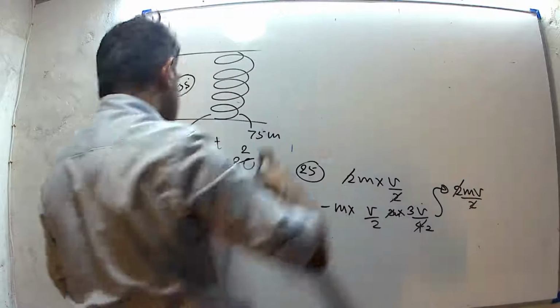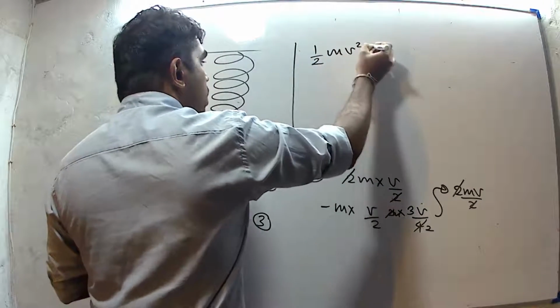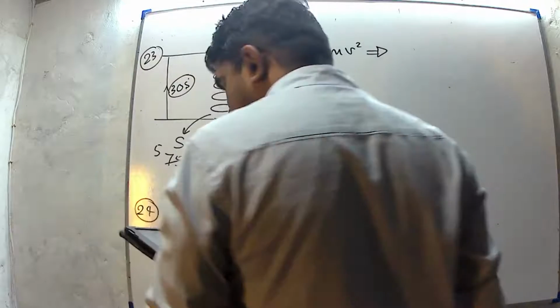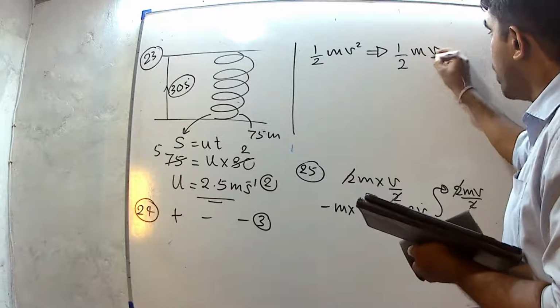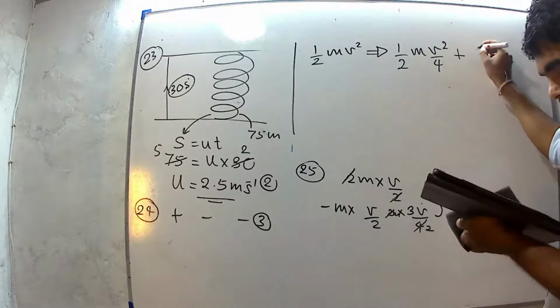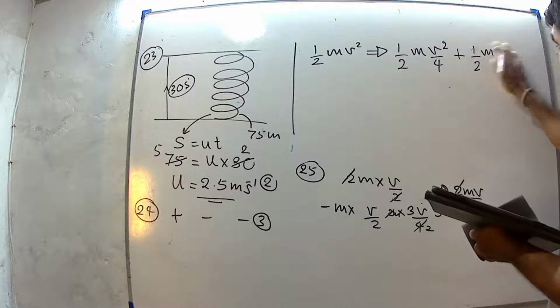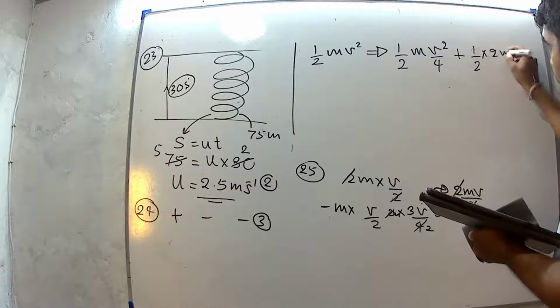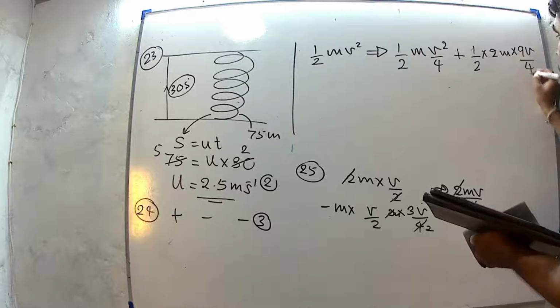For the initial situation, kinetic energy is half m v squared. For the given final situation, kinetic energy is half m v over 2 squared, which means m v squared over 8, and half of mass 2m times 3v over 4 squared, which means 9 m v squared over 16.